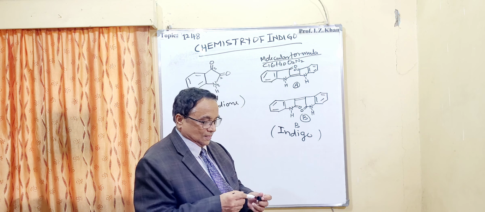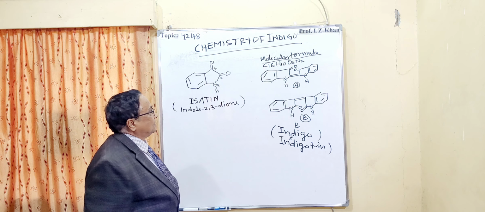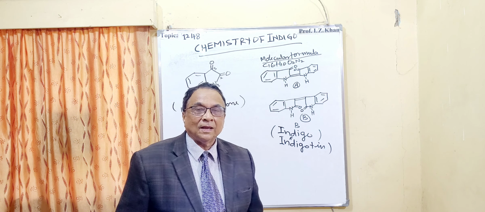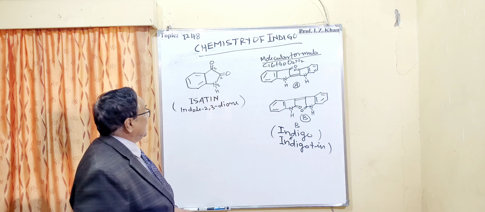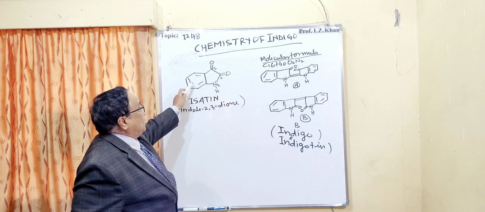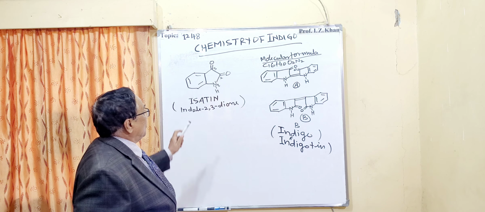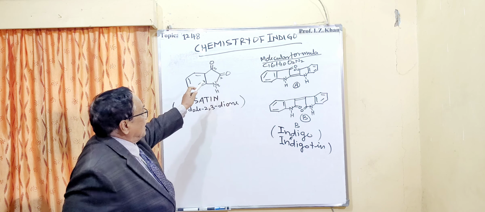And when we are checking its structure, once it is subjected to oxidation, it is broken down into isatin molecule, and this is isatin. Isatin is nothing but indole where at the 2 and 3 positions there is a keto group.